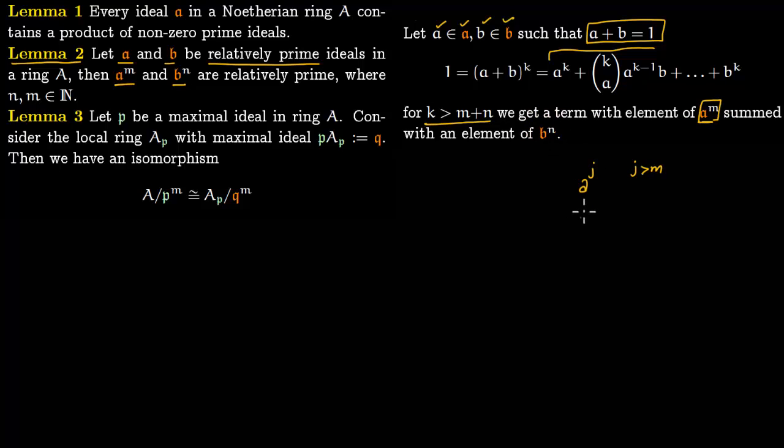The rest of the terms will have b to the power of i, where i would be greater than n, so they lie in 𝔅^n. Each term lies in 𝔄^m or 𝔅^n, and the sum is equal to 1. So we have found two elements whose sum is 1. Therefore these two are relatively prime.